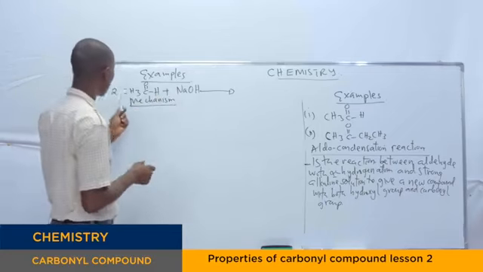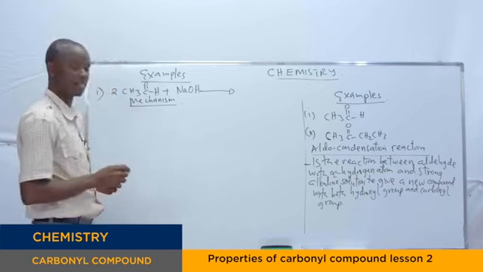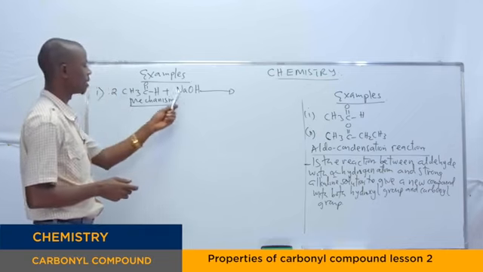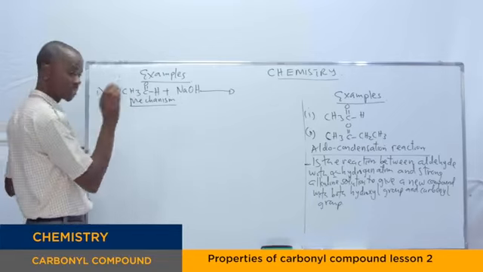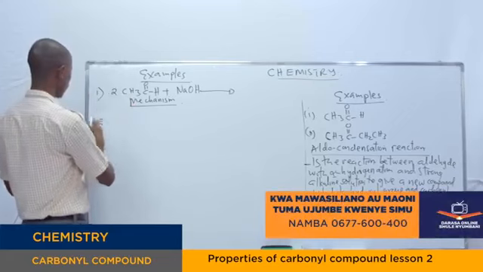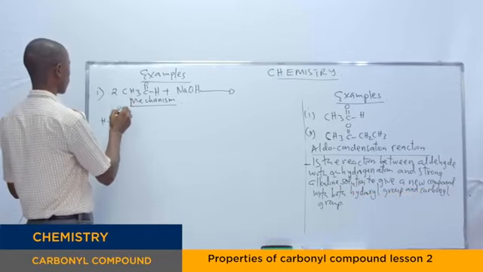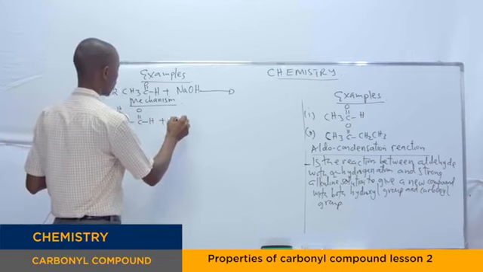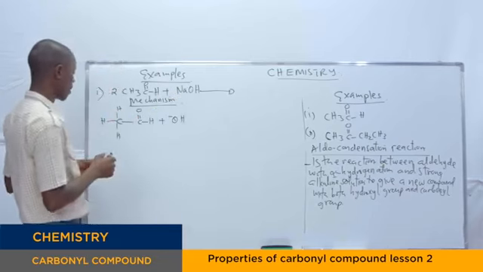Now, because there are two molecules of ethanal, let's take one molecule of ethanal starting to react with the sodium hydroxide. Now, sodium hydroxide will break to give hydroxide ion. Therefore, the first molecule and hydroxide group from sodium hydroxide.